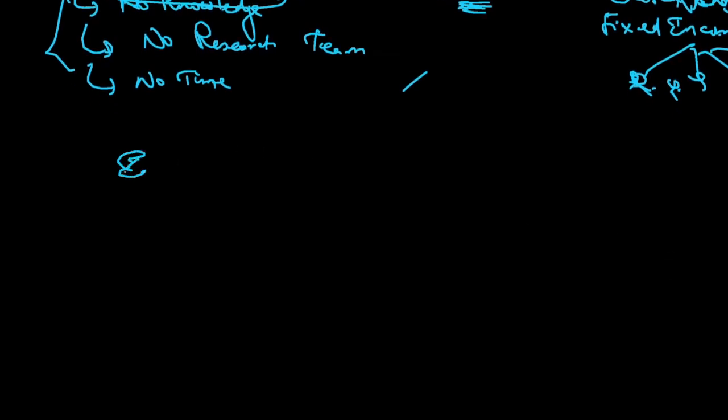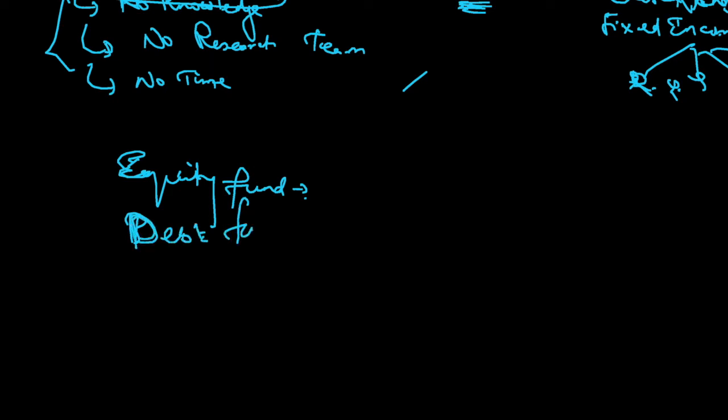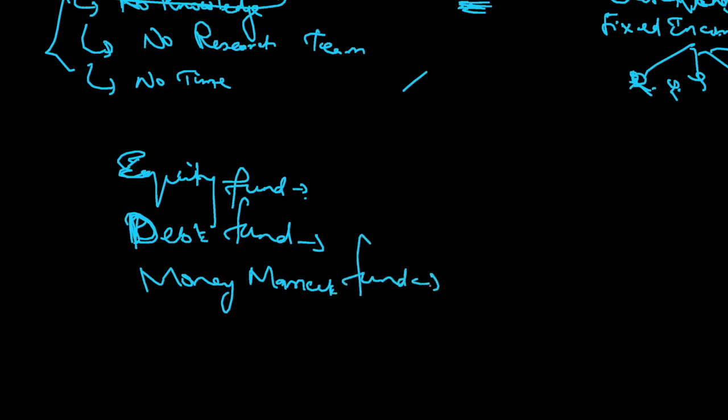For example, equity fund. In an equity fund, the money pool will be invested into equities. In a debt fund, the money pool will be invested into debts. In, let's say, a money market fund, the money pool will be invested into money market instruments like commercial papers, treasury bills, repo, reverse repo.